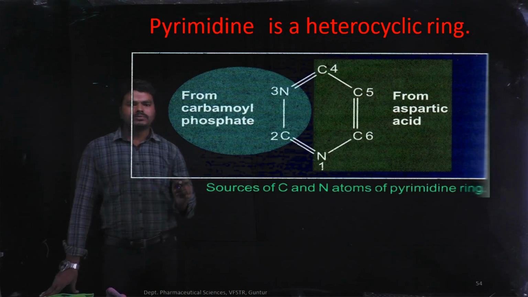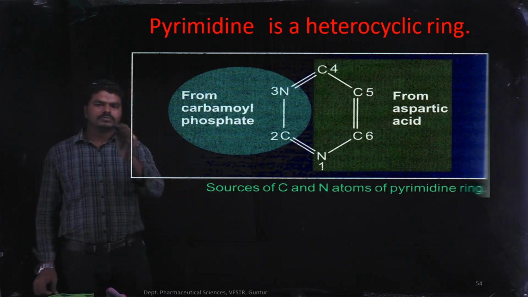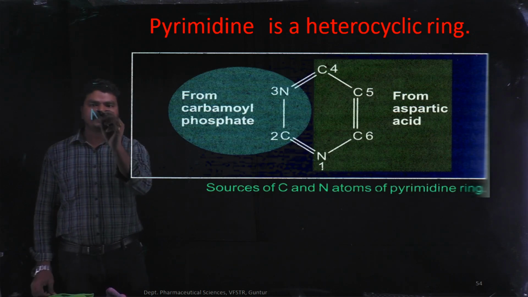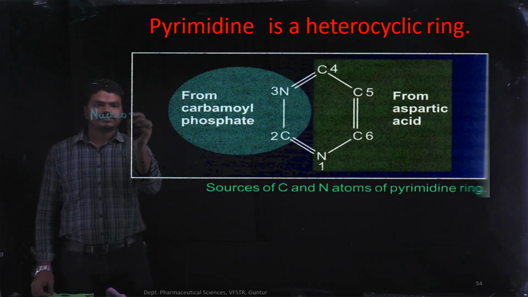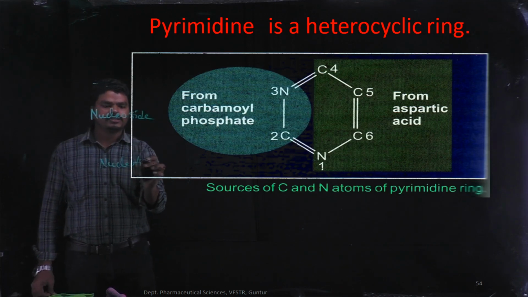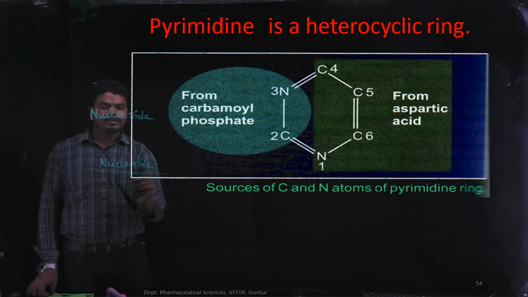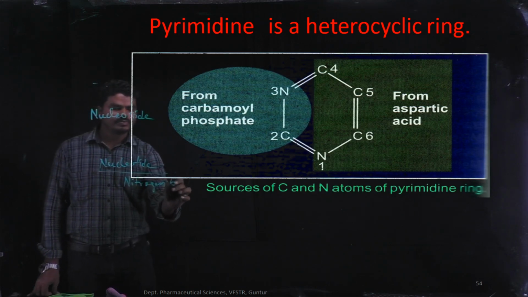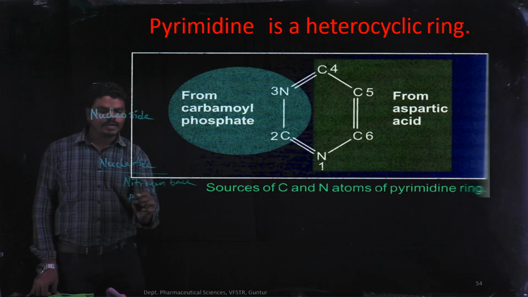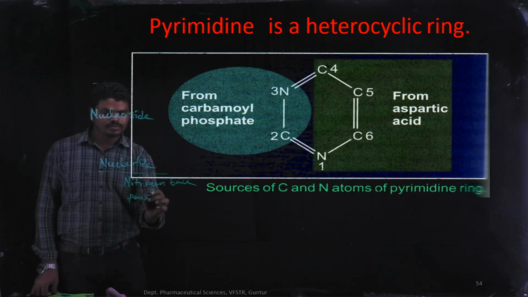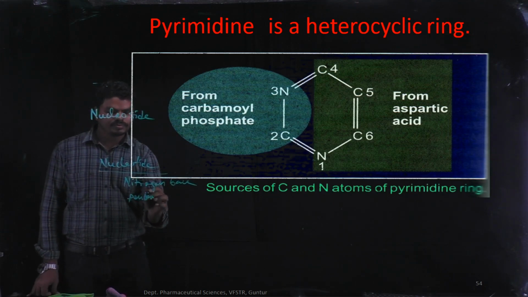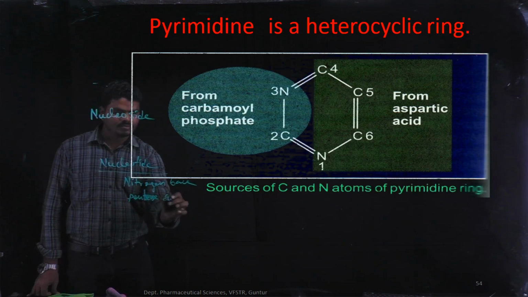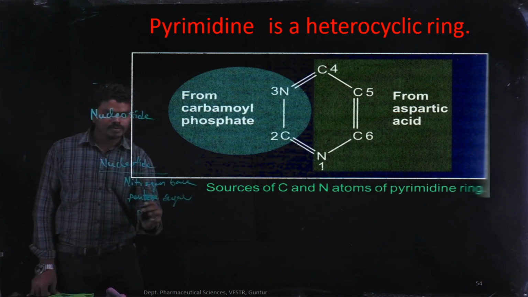So there are nucleosides and nucleotides. A nucleotide is nothing but a combination of nitrogen base, pentose sugar and phosphate.